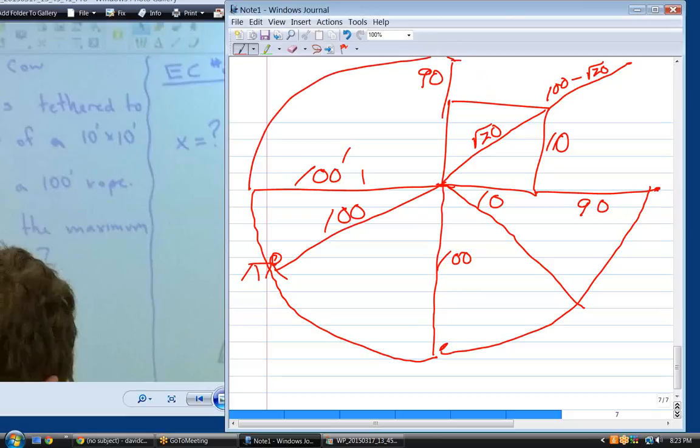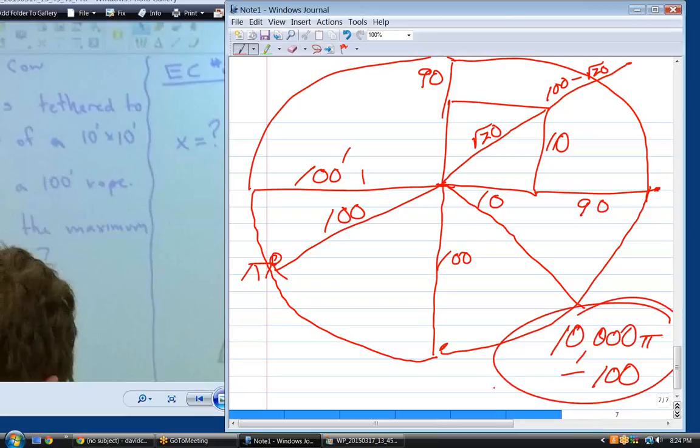And in fact, it can cover the area of a full circle of radius 100 minus the area of the barn, which is 10 by 10. So we have 10,000 pi minus 100. That's the area that it can cover.